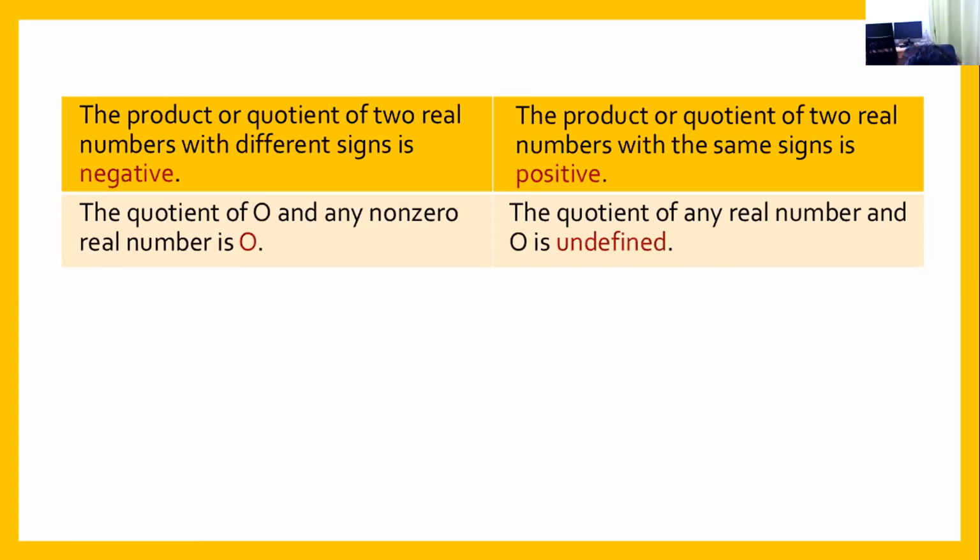So that means if a 0 is numerator, it will yield a 0 quotient. It doesn't matter what number will be below. But if a 0 is below, it will yield an undefined quotient. Okay, it's like impossible. Okay, Crystal?